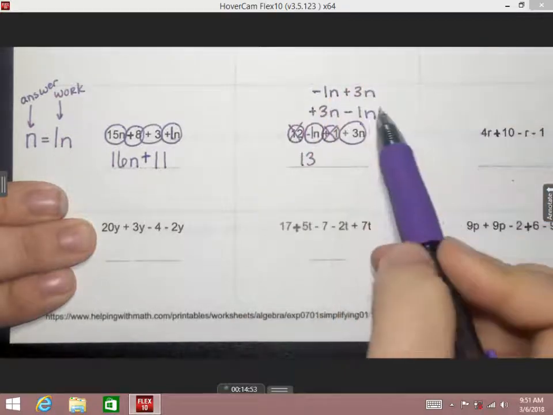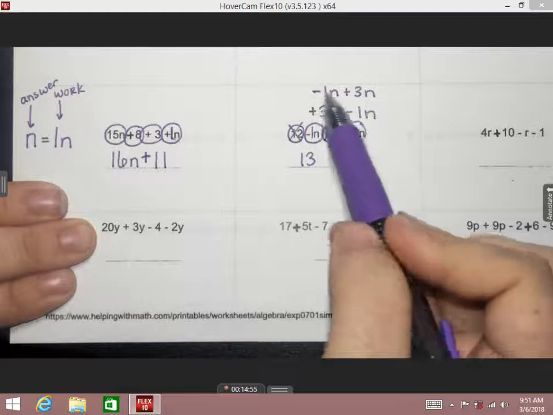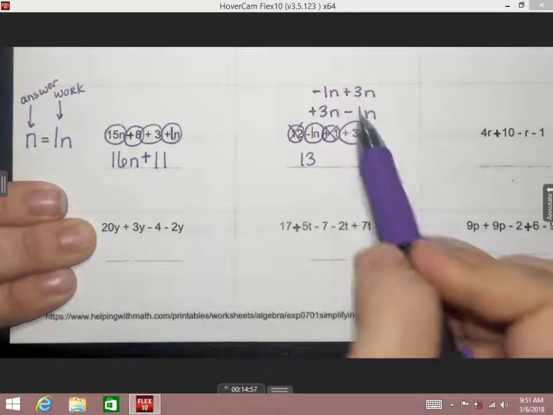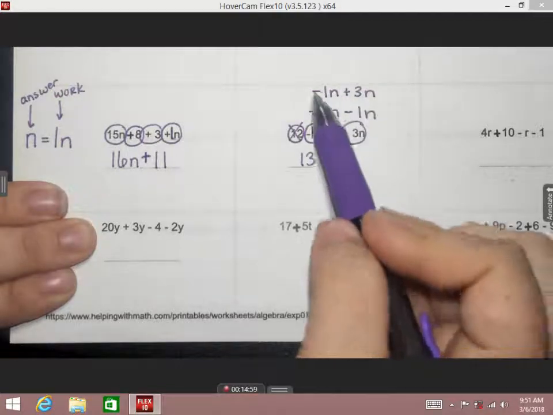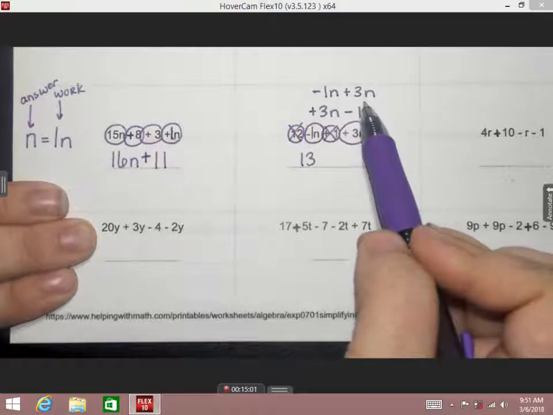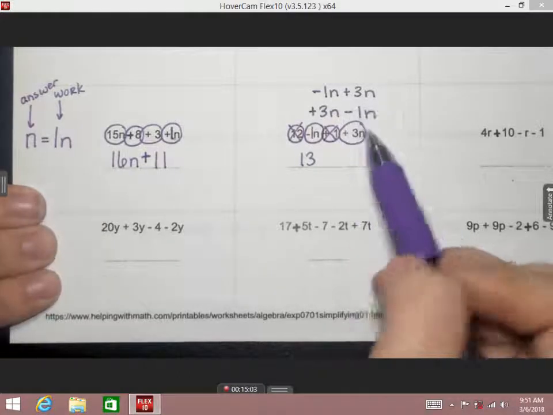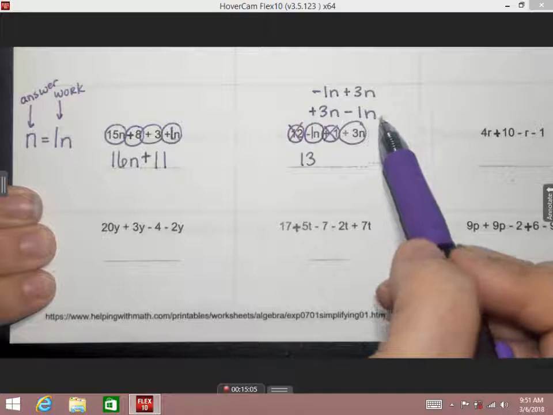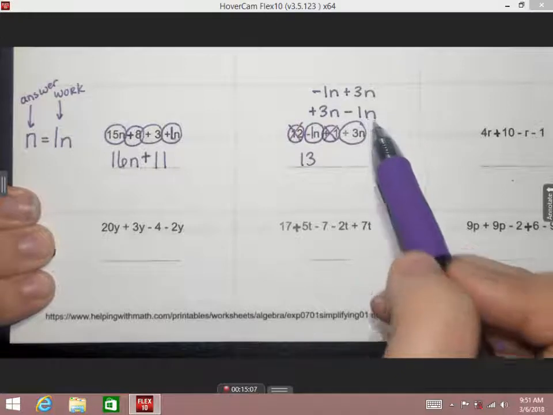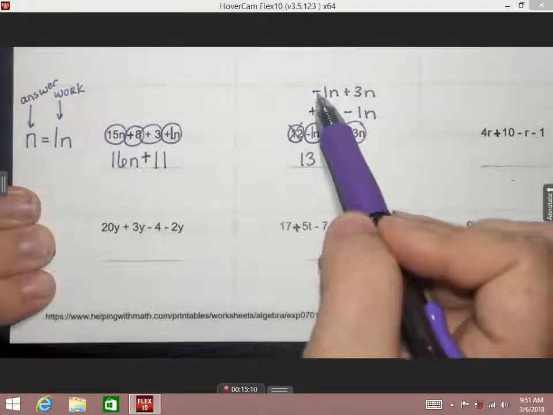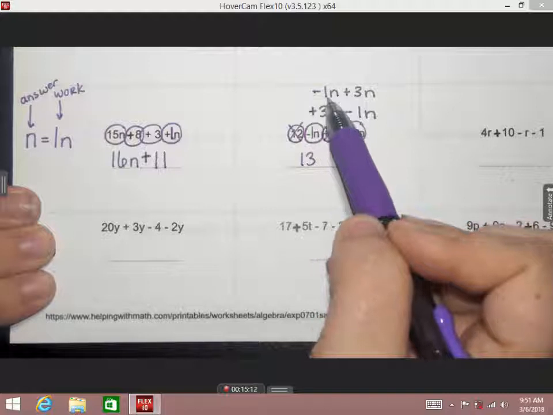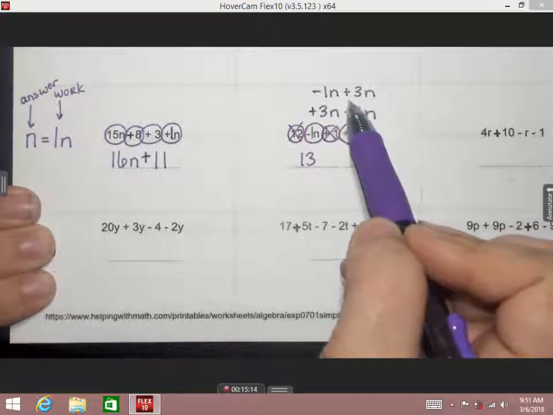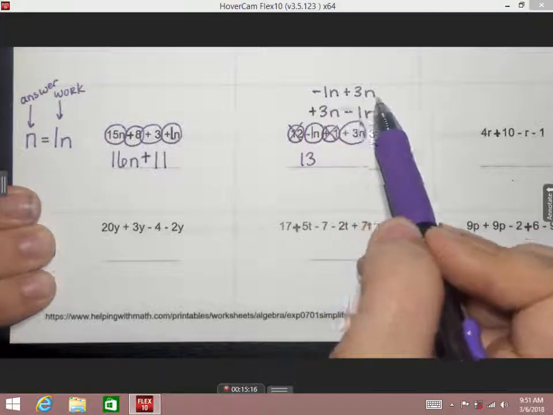Did anything about my signs change? No. I just put my plus 3n in the front and my minus 1n the other way around. Guys, this is really important. That minus sign has to stay with the 1n. The plus sign has to stay with the 3n.